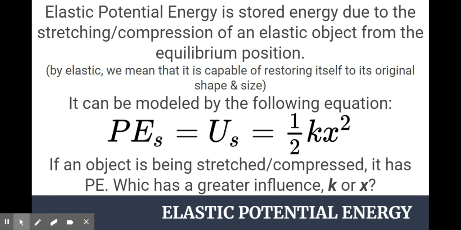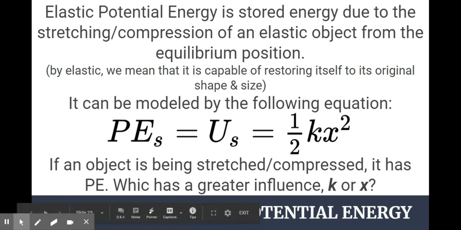Now this equation looks very much like our kinetic energy equation. It is not the same. The variables are different. K stands for our spring constant. X stands for the displacement from equilibrium. First, which one do you think has greater influence? If an object's being stretched or compressed, it's going to have elastic potential energy.